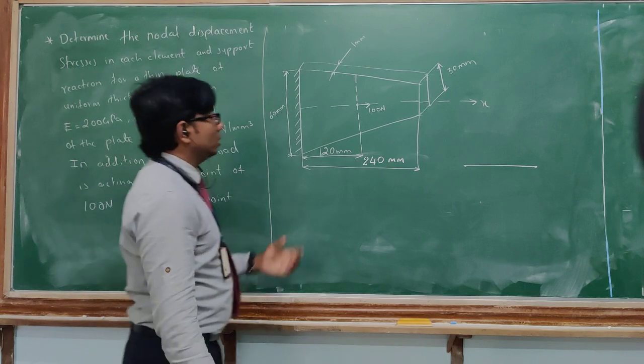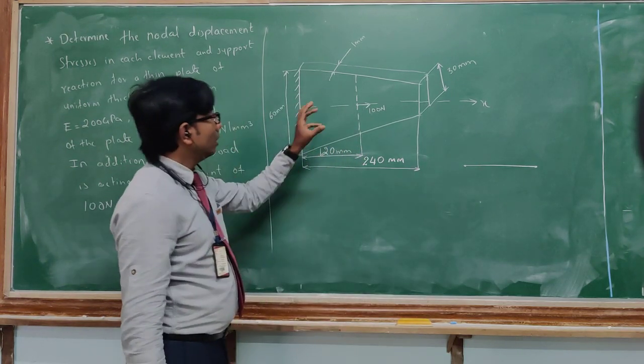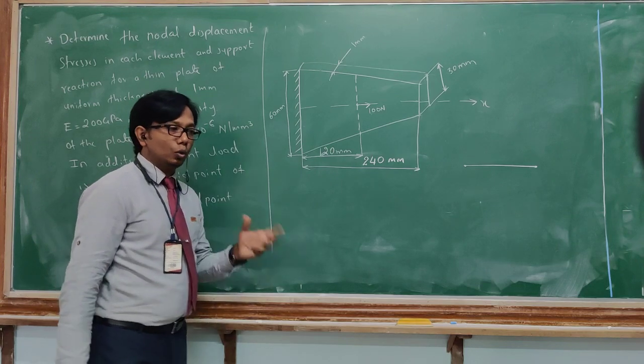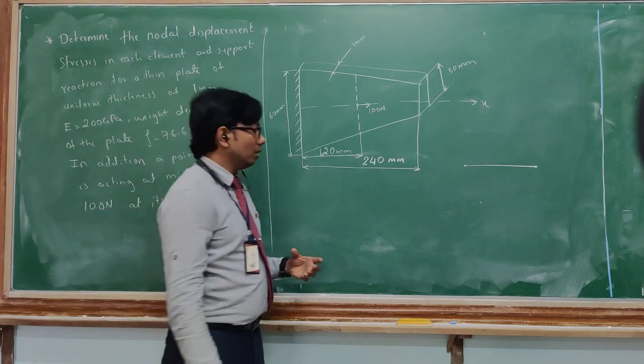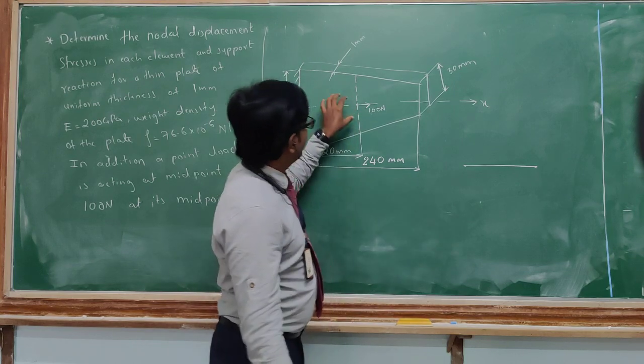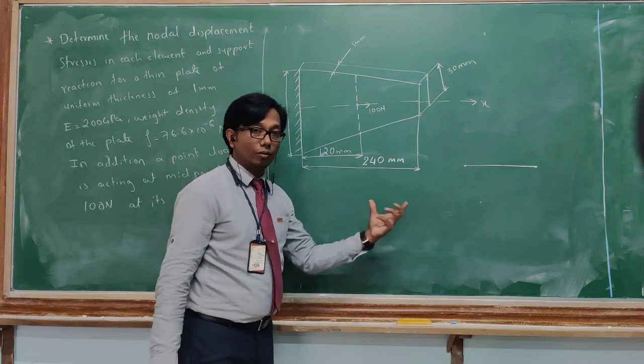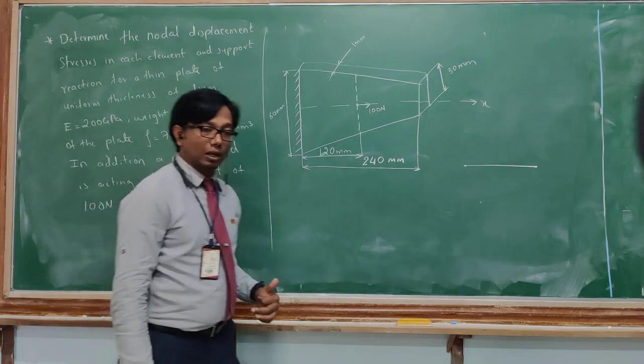So in order to use this element, we need to convert this tapered bar into a similar stepped bar. If we cannot convert this into a uniform section, we cannot solve this problem.